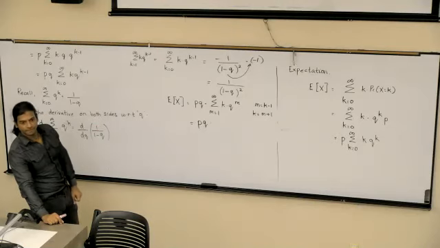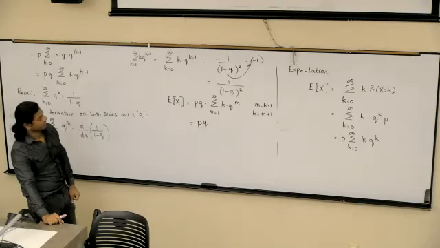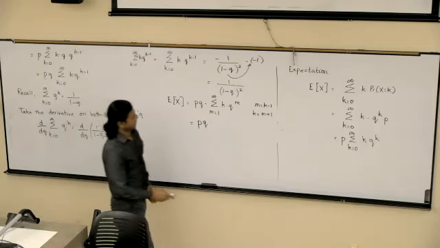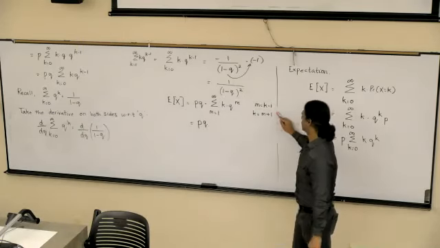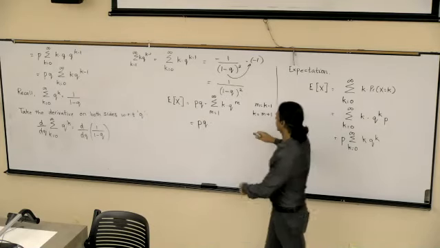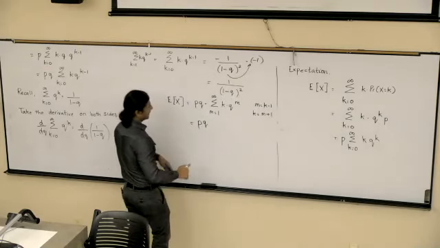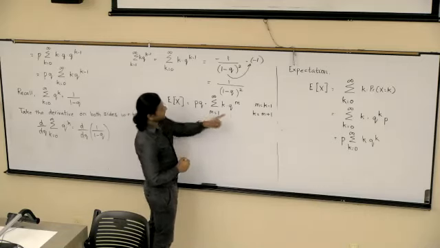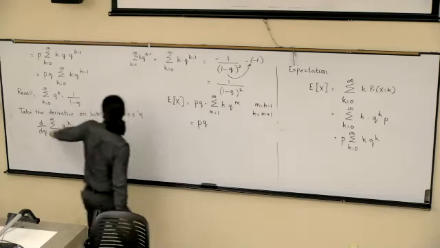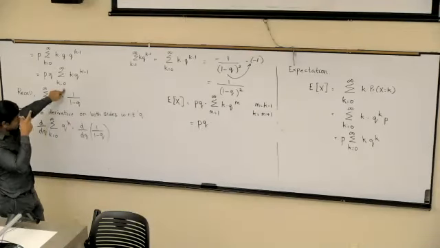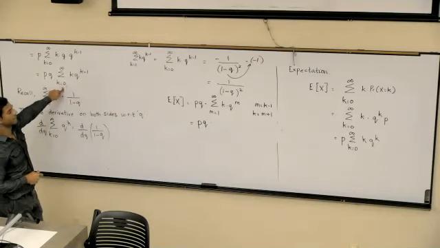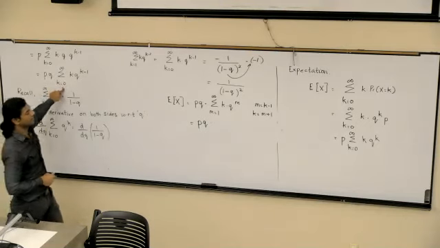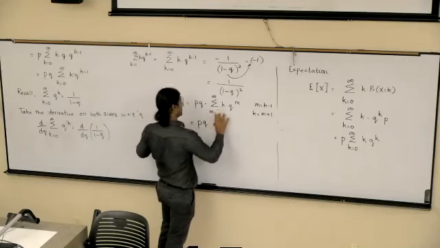You said when k is 0, m is 1. But you said m equals k minus 1. So if k is 0, m is k minus 1. Okay, I see what you're saying. When k is 0, m is minus 1, so we have to start at 1. So when k is 1, m would be 0.